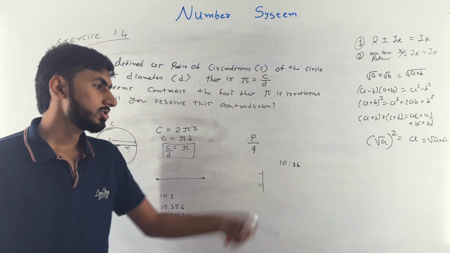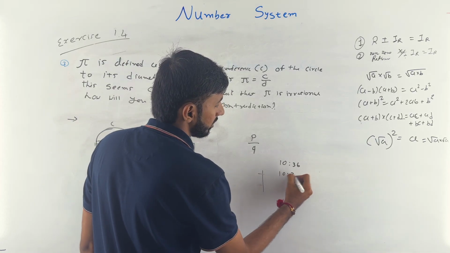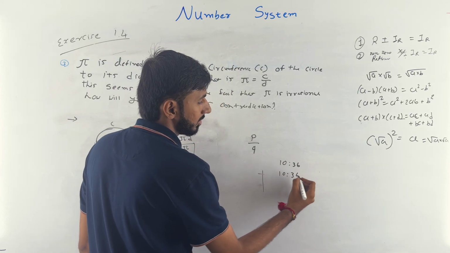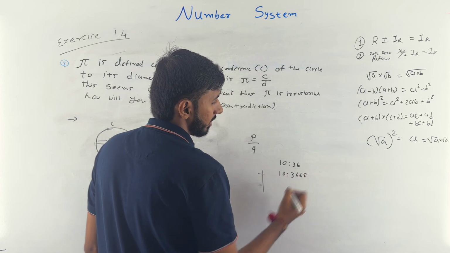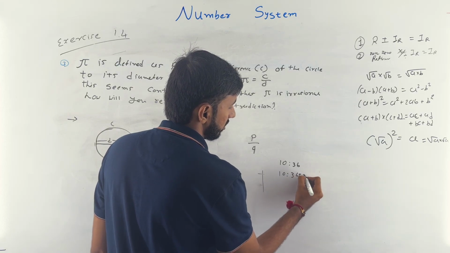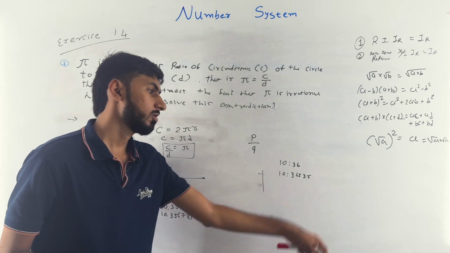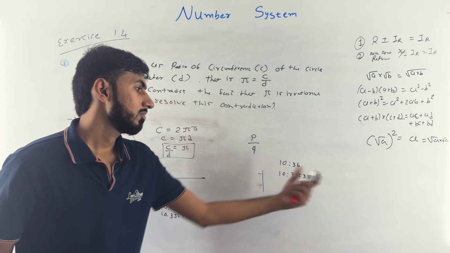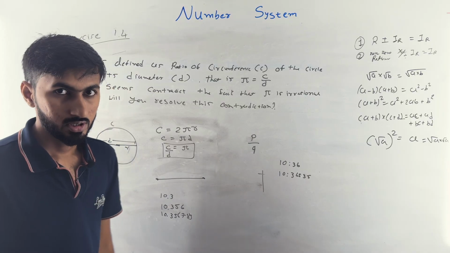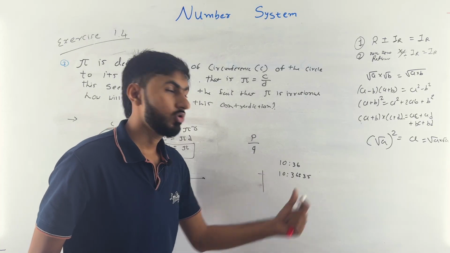Now if he has a more precise clock, the value can become 10 minutes, 36 seconds and 35 milliseconds. If we use an even more precise clock, the value can be more specific, right?